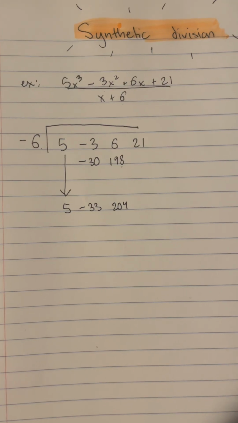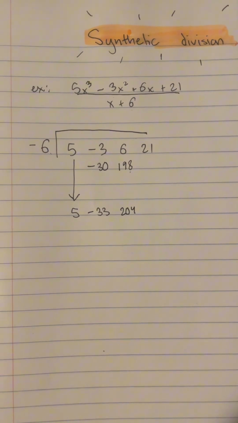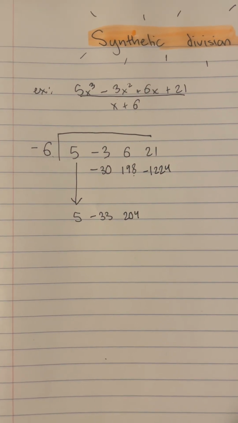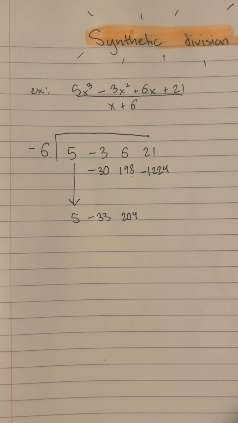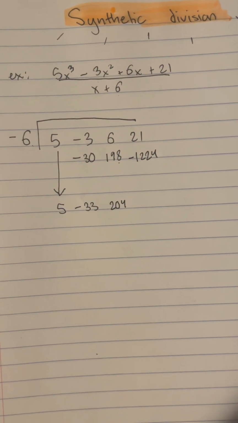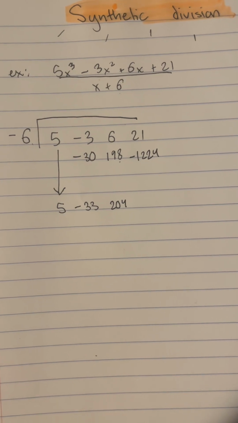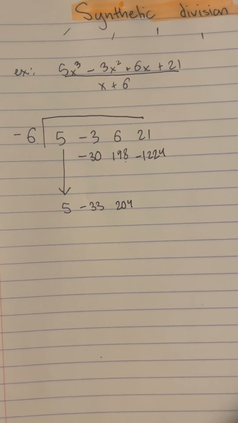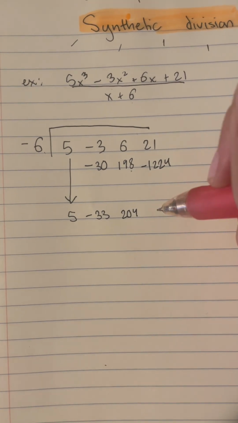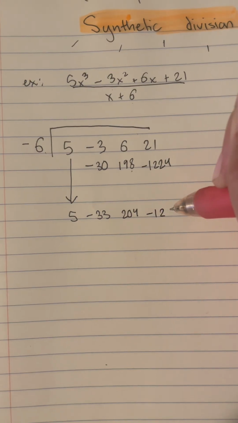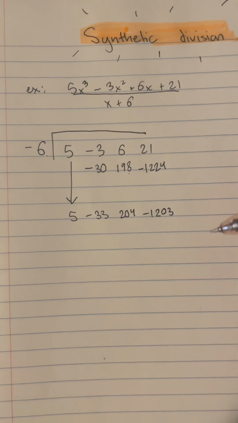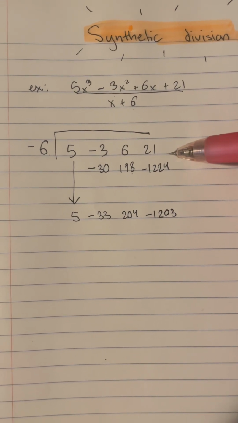So let's see, 1,200 minus 1,224, I want to say. 1,224. Let's just check that. I don't really want to redo this. That seems right. Okay. Plus 21. So minus 1,224 plus 21 should make minus 1,203. Now we don't have any other coefficients to multiply by, so we're done.